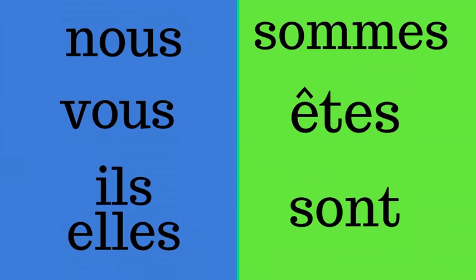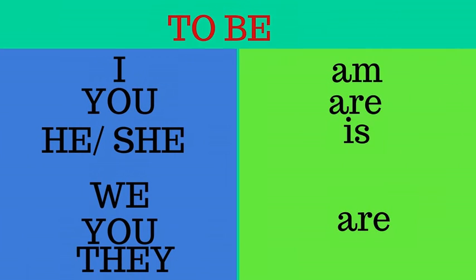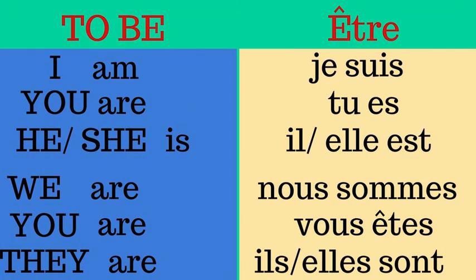So, recap, you have nous sommes, vous êtes, ils sont, elles sont. Remember the English, you have I am, you are, he is, she is, etc. So here you have the English version and the French version. Je suis, tu es, il est, elle est, nous sommes, vous êtes, ils sont, elles sont.